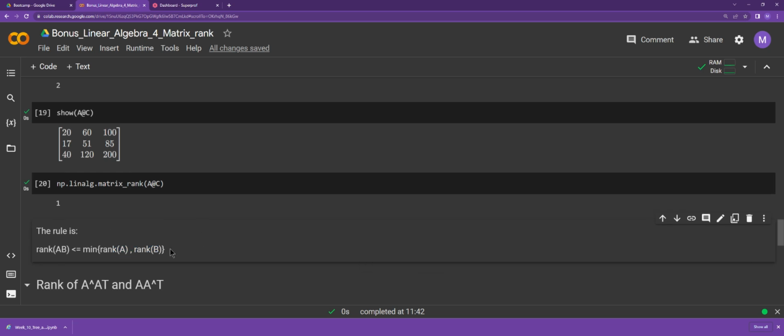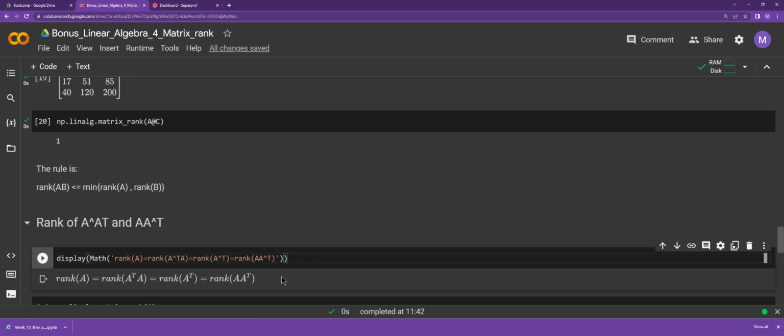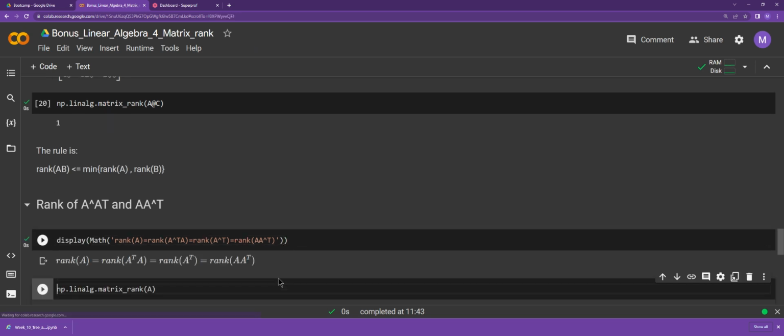Now, the rank of a matrix that is the product of a matrix with its own transpose. Let's look at that. This is the rule: if you have a matrix A, its rank is equal to the rank of A transpose A, or A A transpose.